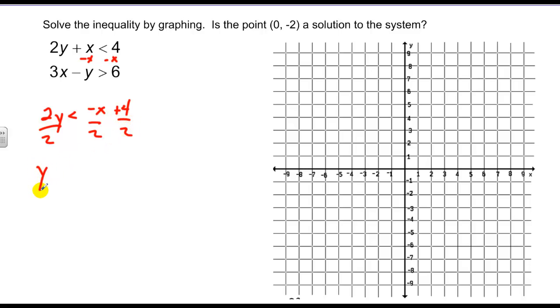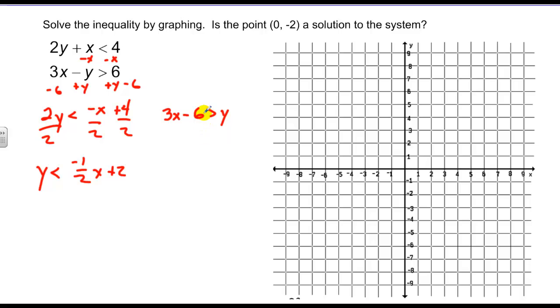And get y is less than negative 1/2 x plus 2. Second equation, I think it's probably just easier to add y to both sides and subtract 6 from both sides. That gives me 3x minus 6 is greater than y.